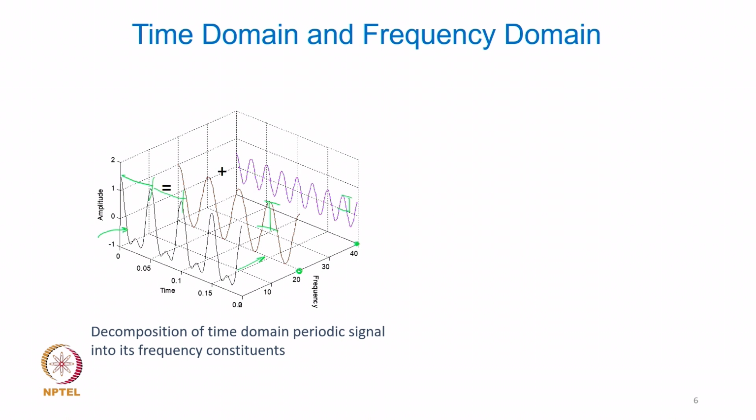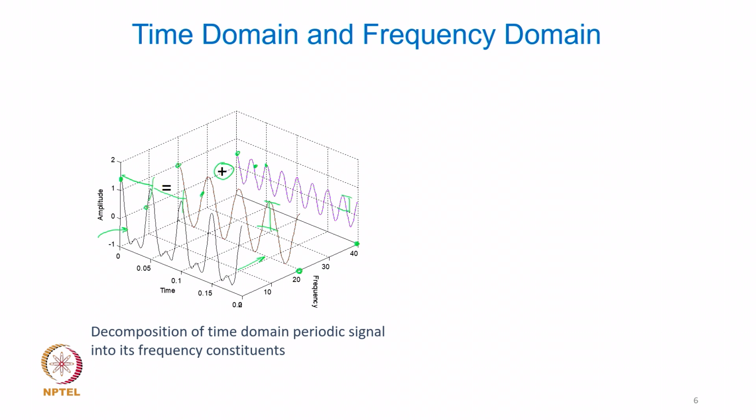If you mix them in time, simply algebraically adding this value and this value at the same time, you get this value. You add this value and this value at the same time, and I should get back this particular value and so on.